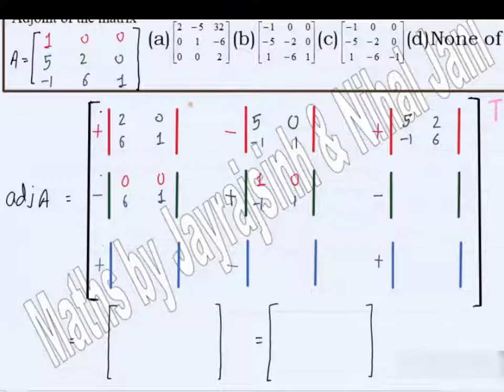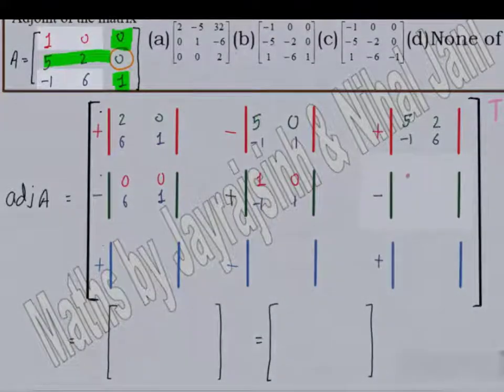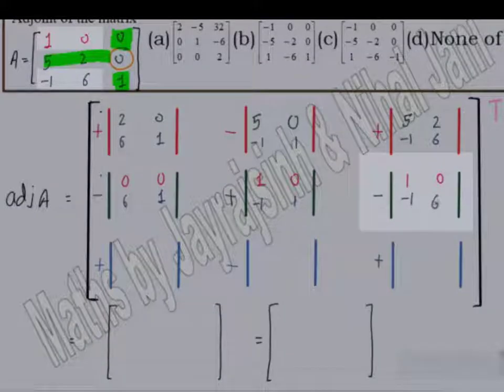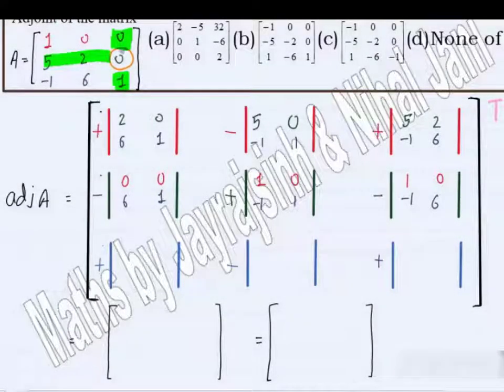And now the last element of the second row should be selected, and its cofactor will be formed by ignoring the second row and third column. So here we'll get 1, 0 and minus 1, 6. So we successfully complete our second row's elements.